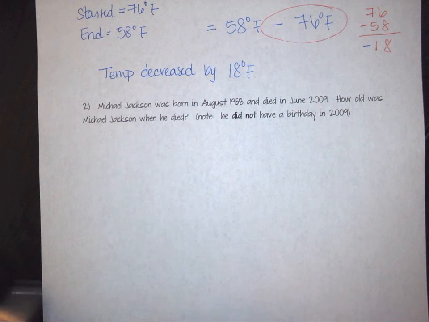Now, the last example we have says that Michael Jackson was born in August of 1958 and died in June of 2009. How old was Michael Jackson when he died? Now, the biggest thing you want to note is that he did not have a birthday in 2009. Why? Because his birth month was August and he died in June. So what does that actually mean?